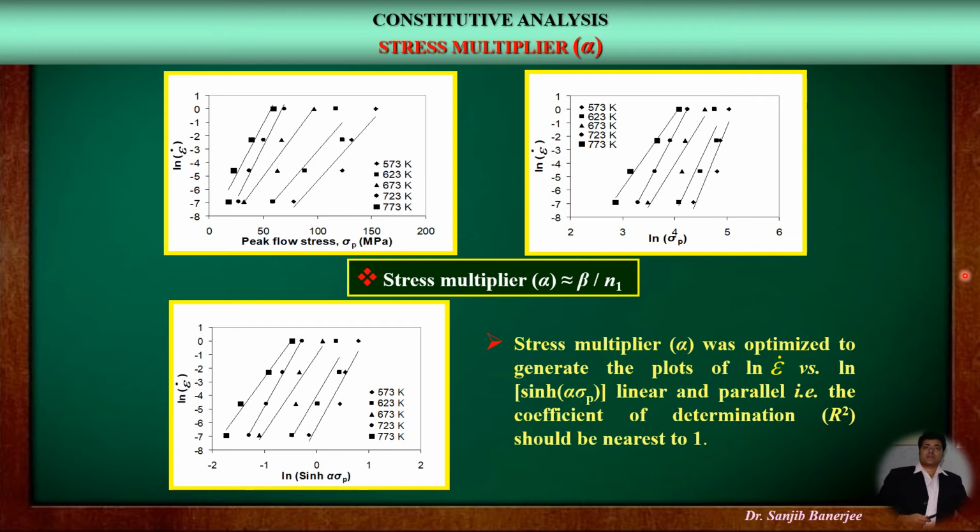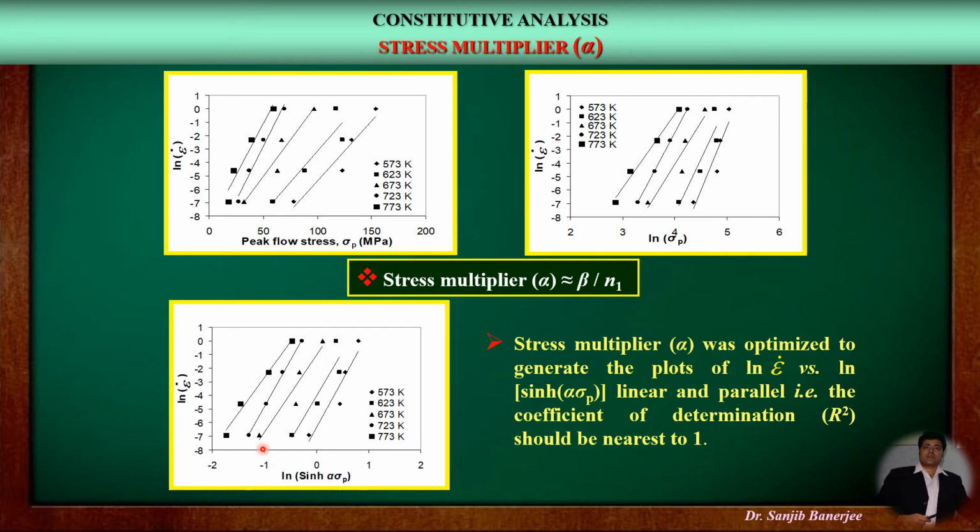In the second methodology to evaluate alpha, we generate the plots of log of strain rate versus log of sine hyperbolic alpha sigma p corresponding to the different temperatures once again. So again we get different sets of points through which the straight lines may be fit.